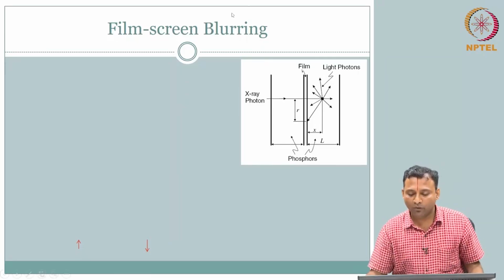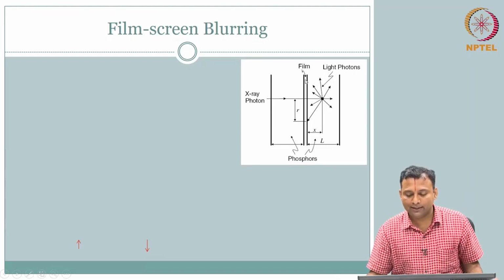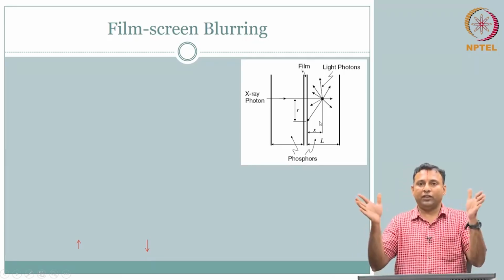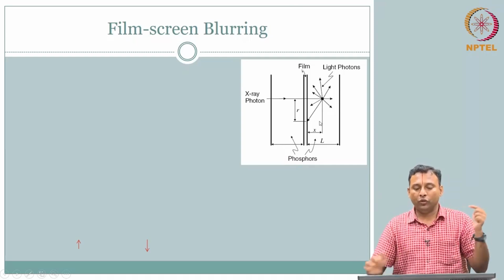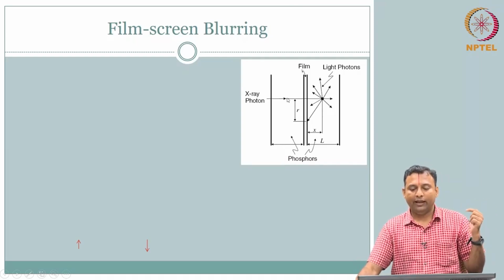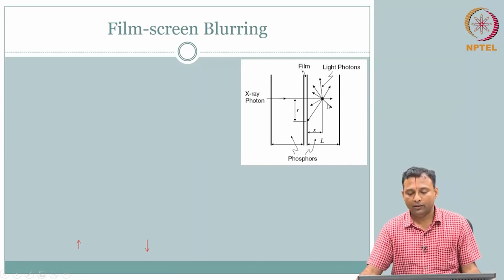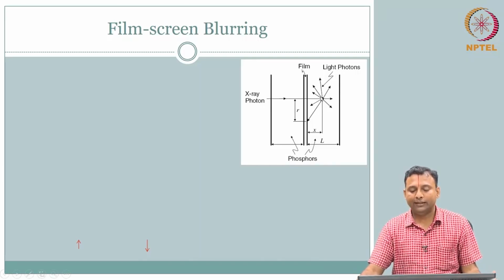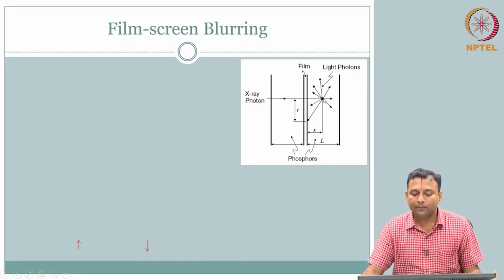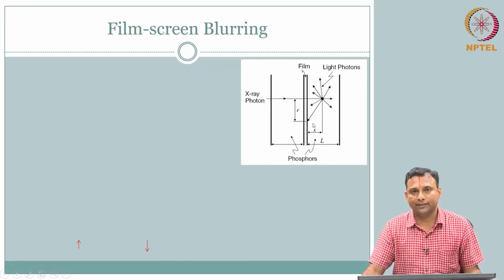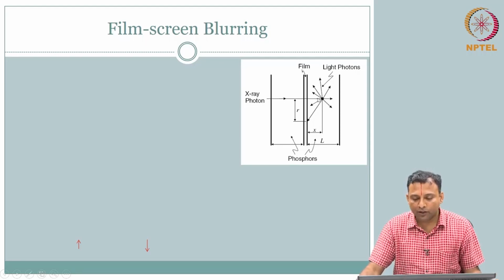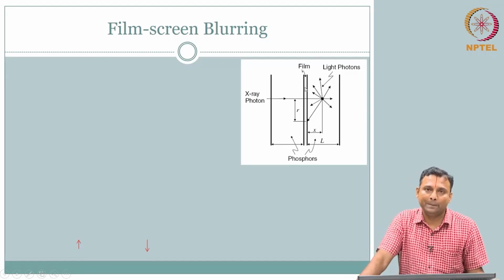In the film screen, what we talked about is, you had an X-ray film and on both sides you had phosphor. Remember the cassette packing. So the X-ray photon comes, it generates light photons. So here one X-ray photon is interacting, creating several light photons, and these light photons go and hit the film.